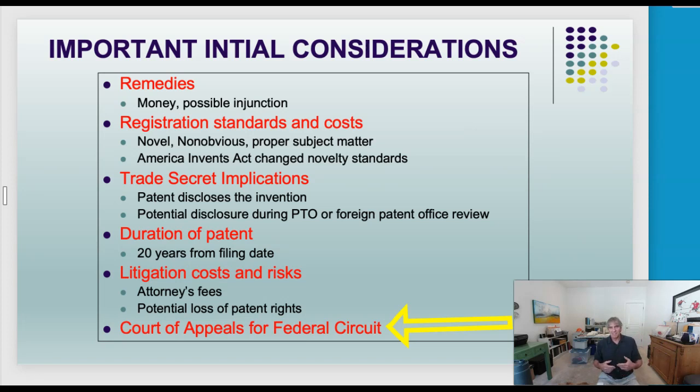It also means that the Federal Circuit has unusual importance for patent policies. You can almost think of it as the Supreme Court for patent disputes, although, as in all matters, the actual U.S. Supreme Court does have the final say. And we will see that sometimes it doesn't agree with the Federal Circuit.